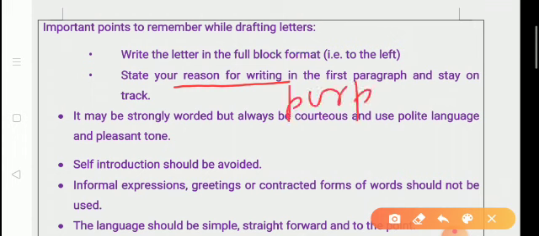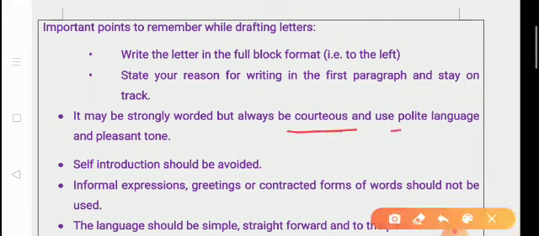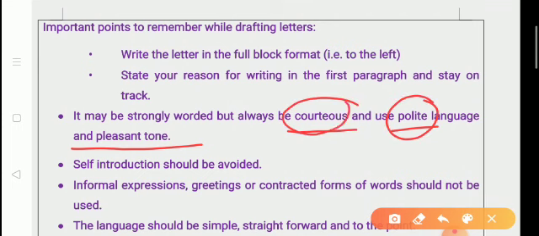You can use strongly worded vocabulary, but you should be courteous and use polite language, and your tone should be pleasant. You should not be harsh. Your language should be appropriate. You should not brag about yourself, meaning you should keep restraint.